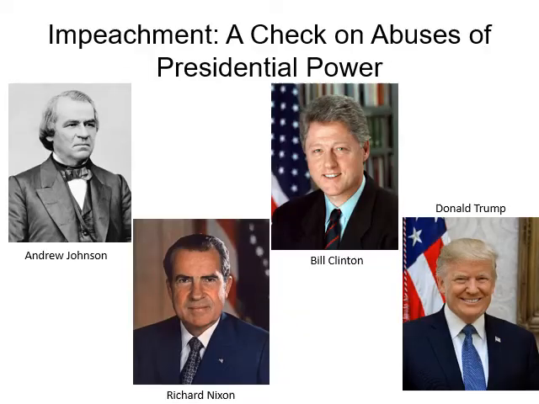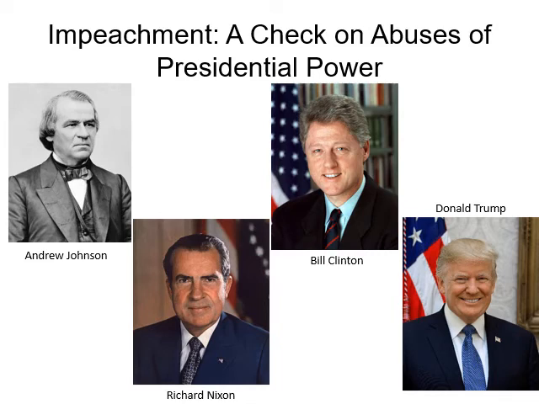Let's skip this one. Last, I want to talk to you about this idea. Well, two related ideas. In at least 4 cases, the House of Representatives has decided that a president had abused his powers or committed crimes of such gravity that he needed to be removed from office.